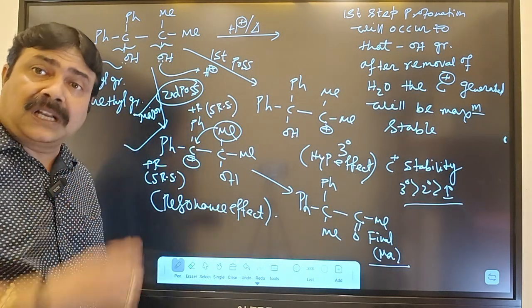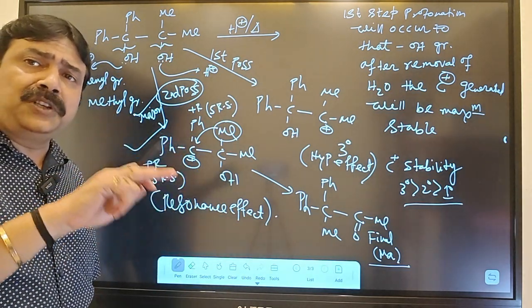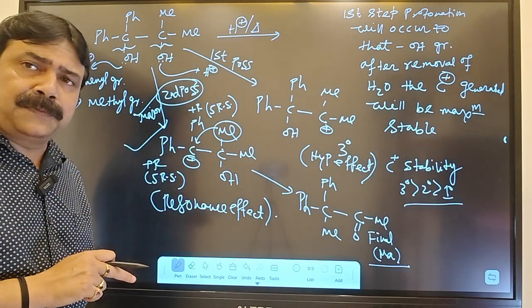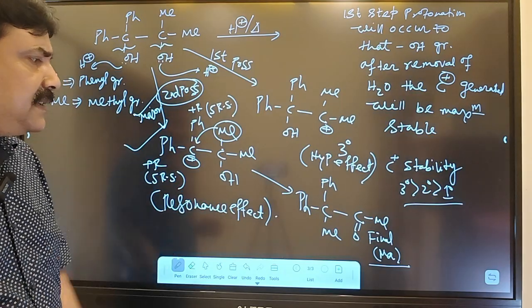That's why first you have to consider where the immediate carbocation will be formed, that is, which place will get maximum stability; at that place protonation, removal of water and carbocation generation occur. After that comes migration.